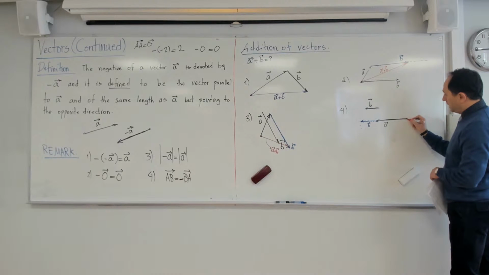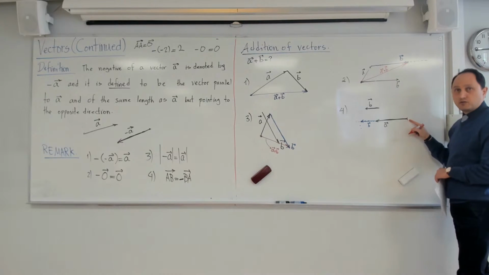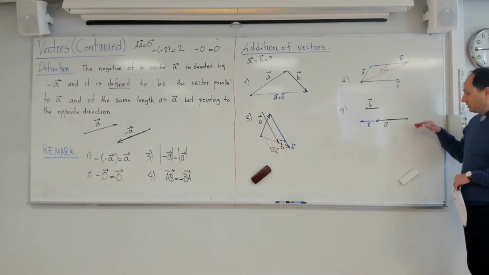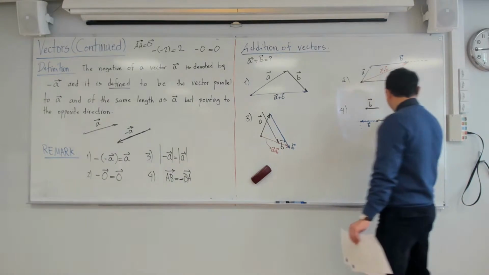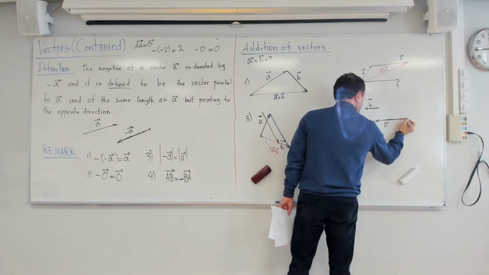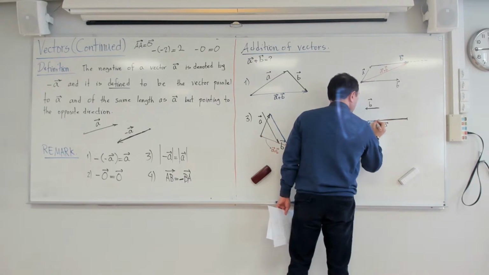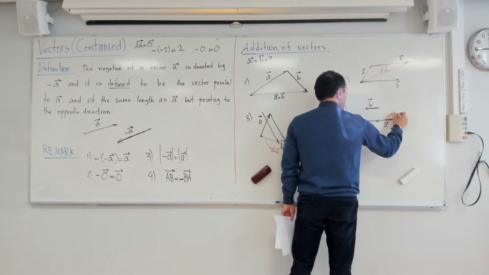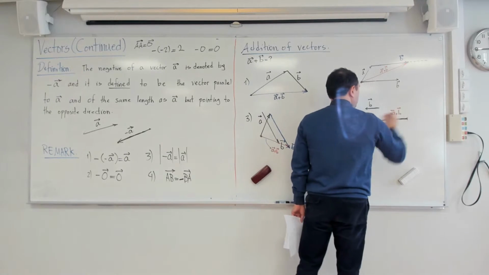I need to connect the initial point of the first one to the final point of the second one. But if you draw it, it becomes exactly on these two. But because I want to show this, let me draw it from here. Yes, so this would be the vector A plus B.